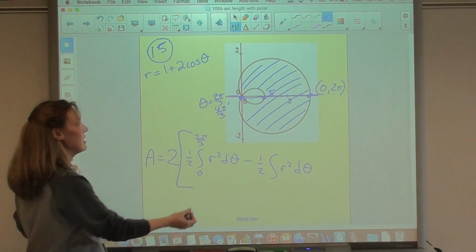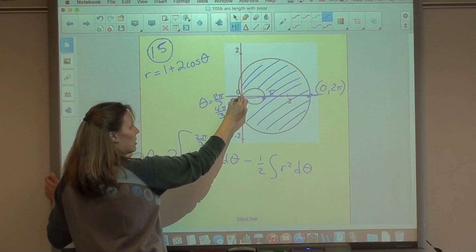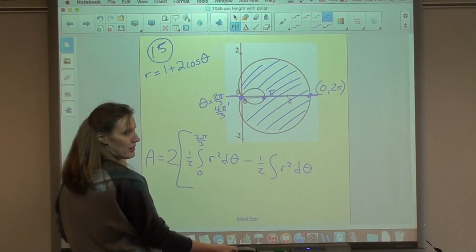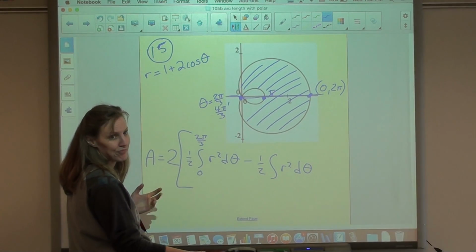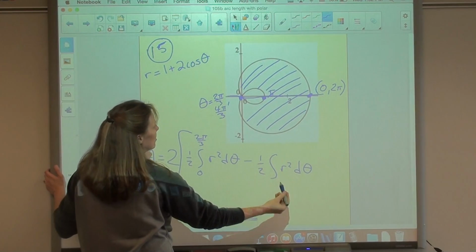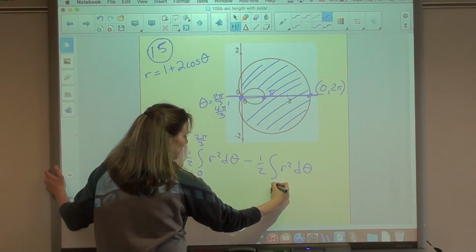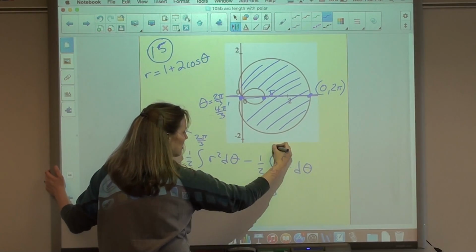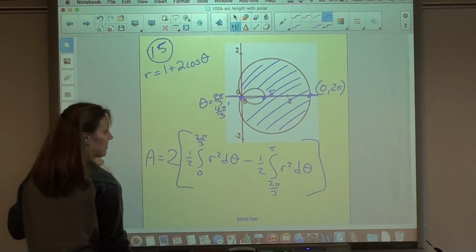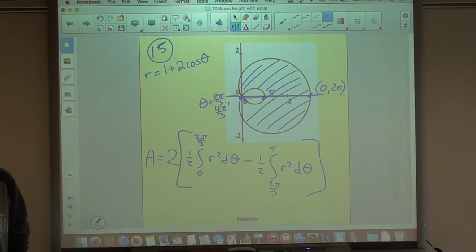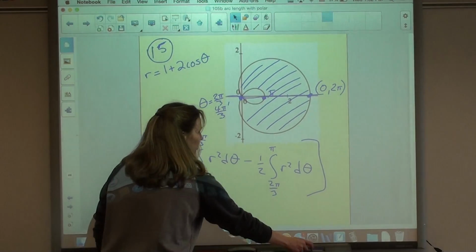So it's really the angle that produces where you wanna start and where you wanna end. So I'm gonna go 2 pi thirds to pi. And there's my area. Obviously I didn't do the whole problem now.